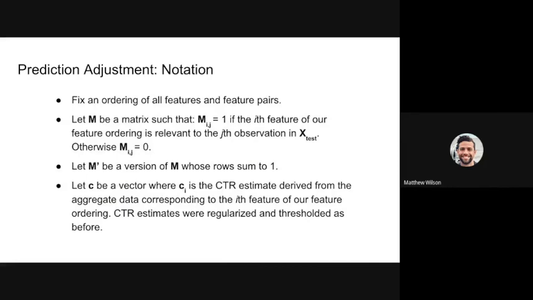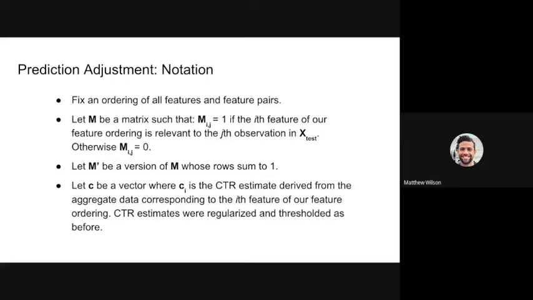So in order to explain our method, I'm going to have to introduce some notation. Just bear with me, it's a little boring. The first thing we have to do is fix an ordering of all of the features and feature pairs.